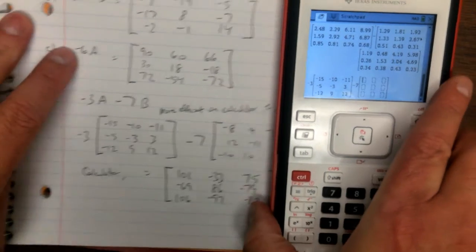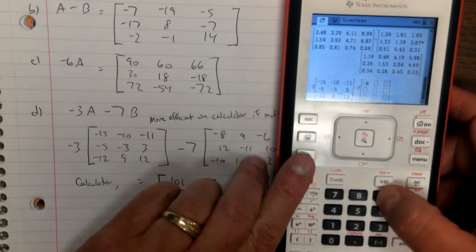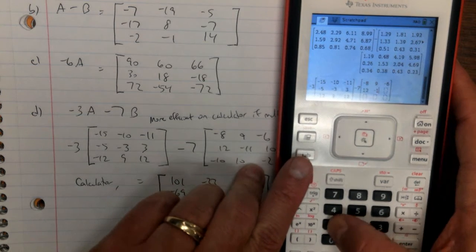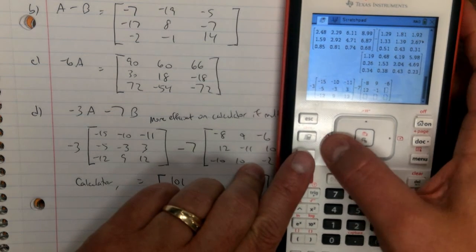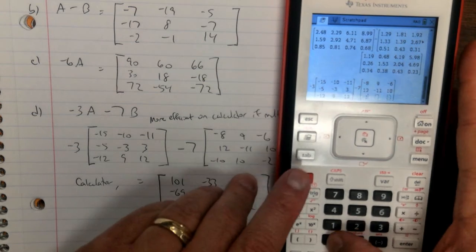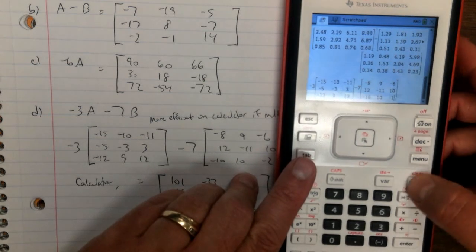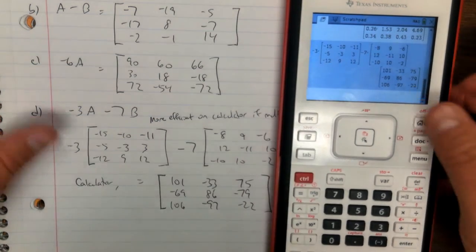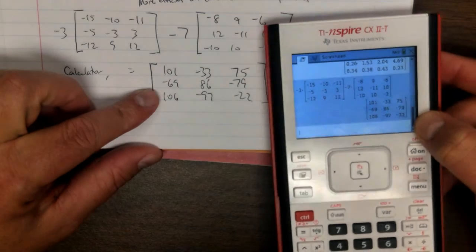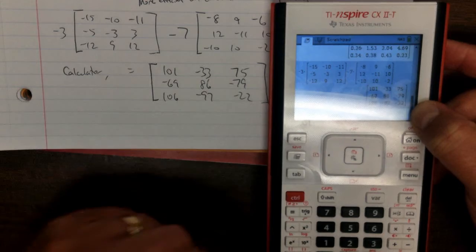Okay, so then here, -8, 9, -6, 12, -11, 10, -10, 10, -2. Okay, so then I get my answer, which was the same thing I wrote. The 100, -33, 75, and so forth.